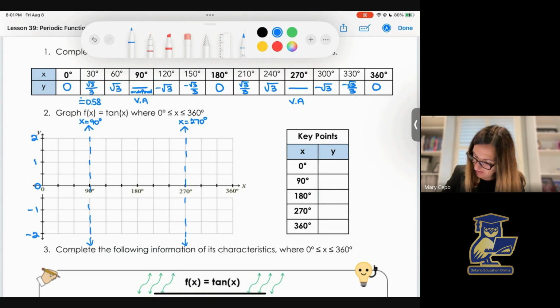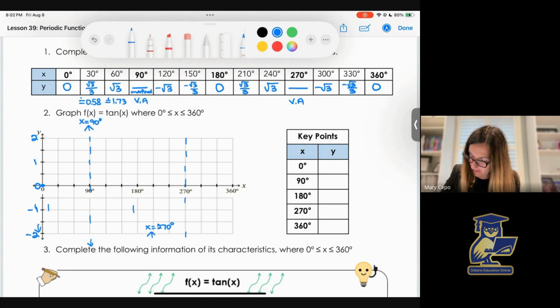So we're at 0, root 3 is about 1.73. So at 30 degrees, we're at 0.58, so just above 0.5. And then at 60, 1.73, so just before 1.75, right here, halfway between. And then at 90, we're undefined. At 120, we're at negative root 3, which is negative 1.73.